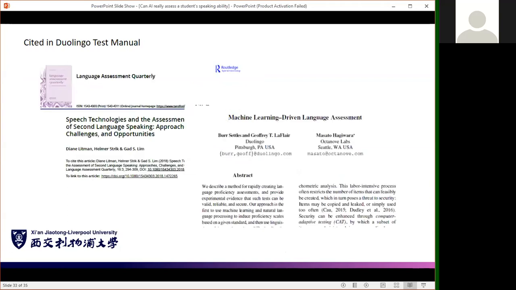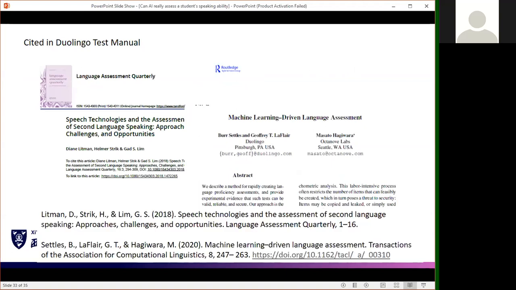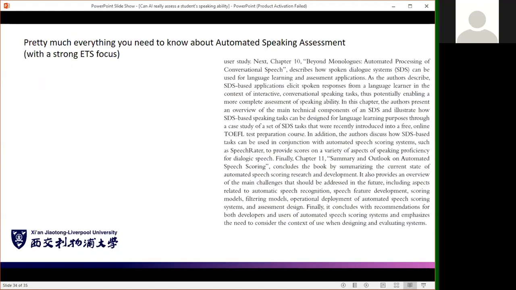Here are some more scholarly articles cited in the Duolingo test manual. And if you are interested in automated speaking assessment, I know some in the department are. Here, with a strong focus from ETS, they make the TOEFL iBT.